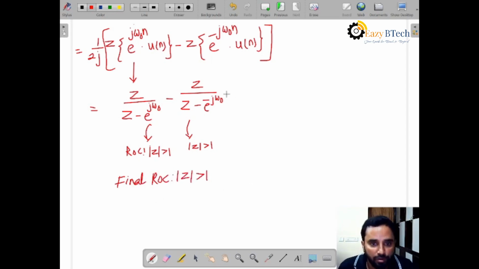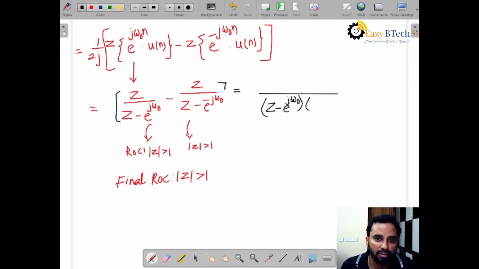Right? Now we are going to simplify this answer. Just I am doing LCM and simplification, nothing else. So the denominator is z minus e power j omega naught into z minus e power minus j omega naught, and we have 1 by 2j also there, so take that 1 by 2j.